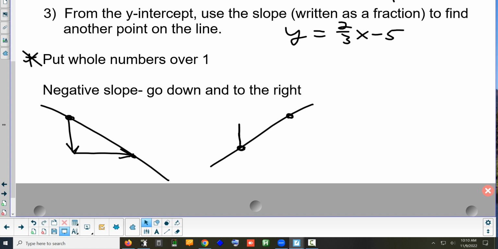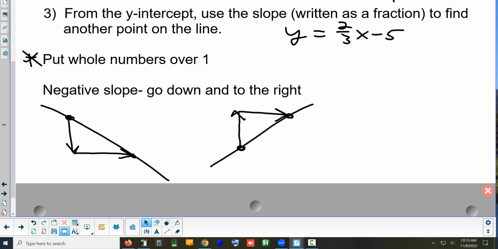So we count up, and then we would count right. So I'm either going down and right or up and right. So I always go to the right, always. It's just a matter of, do I go up or do I go down?